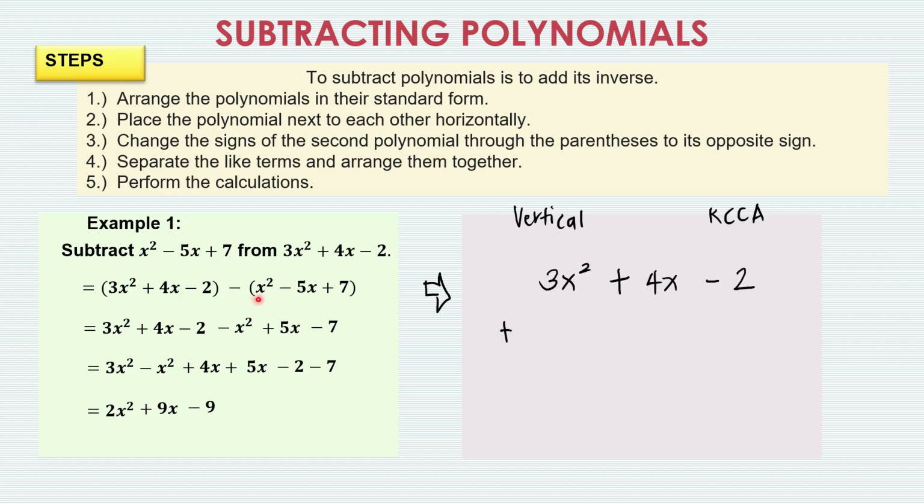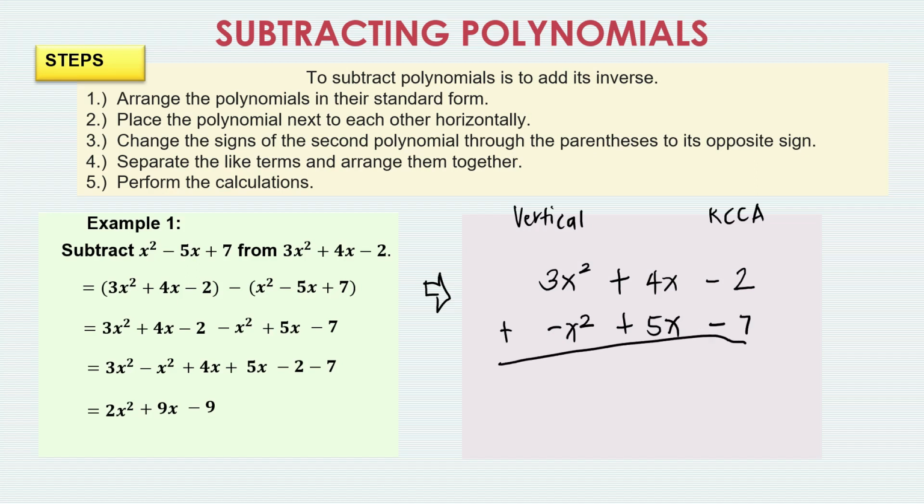We're done with keep, change, let's proceed with another change, that is the change in your subtrahend. So, x squared will be negative x squared. Negative 5x will be positive 5x. Next, positive 7 will be negative 7.